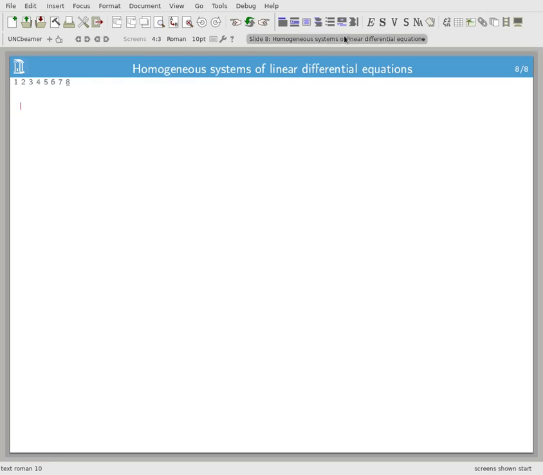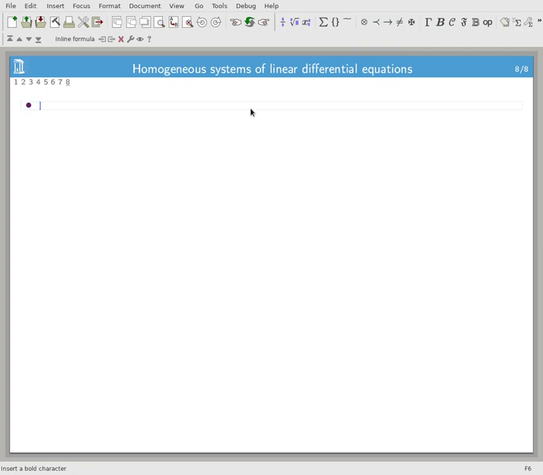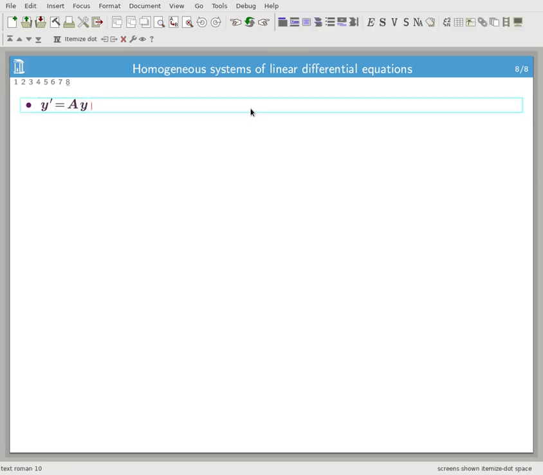Such a homogeneous system is going to be characterized by the fact that we have the vector y prime, this is the vector rate of change, is going to be given by some matrix A times y, but the f term, the right hand side term, is 0. So this is a homogeneous system of differential equations, linear system of DEs, or HLSD.